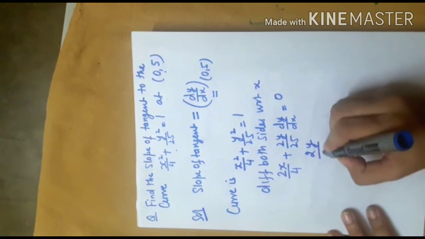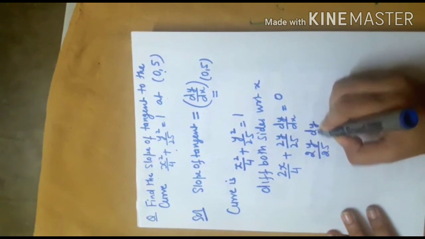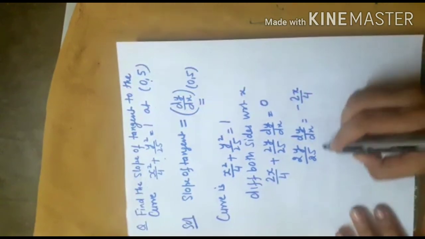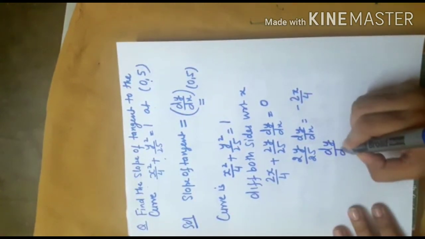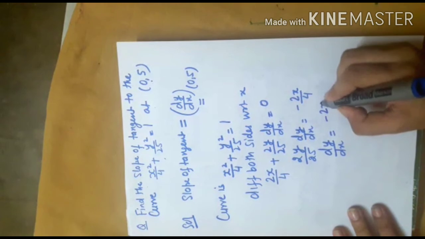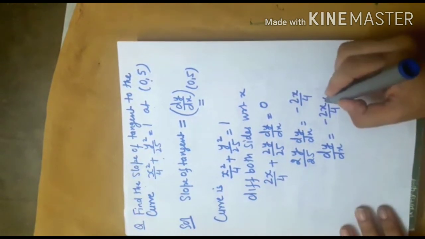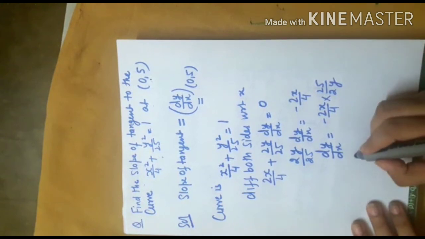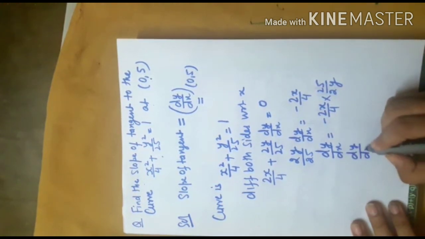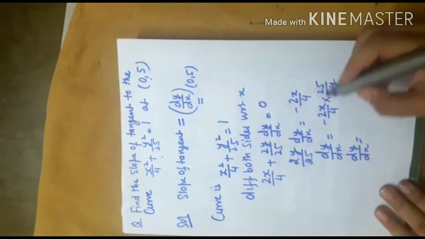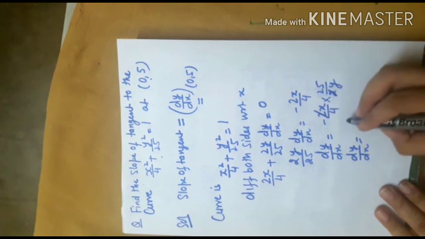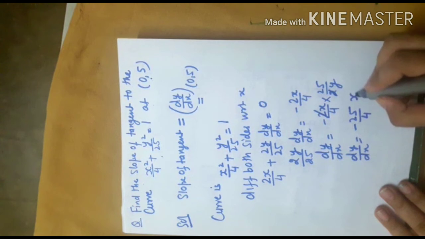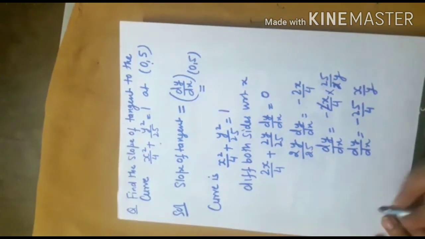So 2y over 25 dy by dx is minus 2x over 4. So from here dy by dx is into 25 over 2y. So I'll get dy by dx as, this will get cancelled out, minus 25 over 4 x over y.